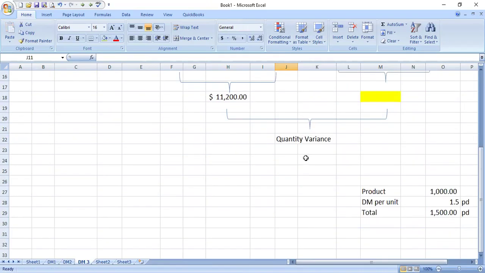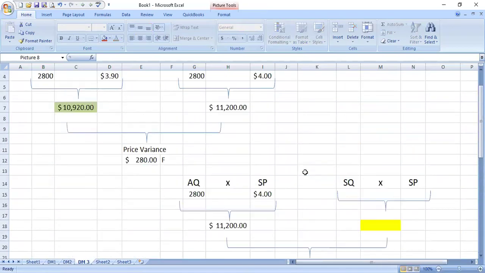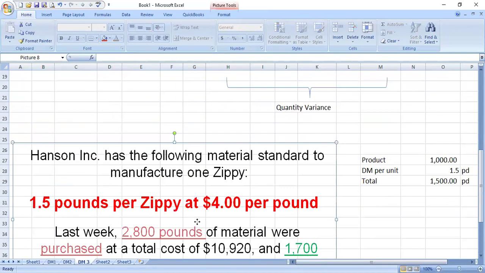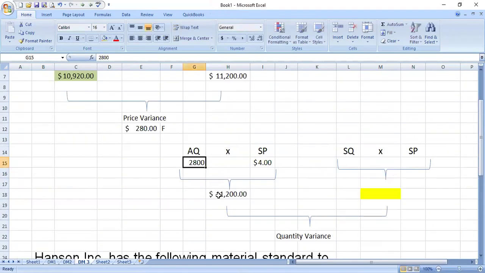So for the quantity variance, I'm going to use the information which is related only and only to my actual usage. So in reality, we use 1,700 pounds. So our spending based on the standard price for using the actual 1,700 pounds should be $6,800.